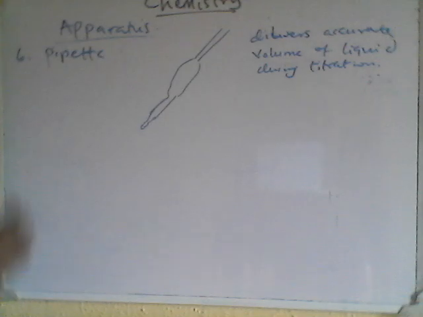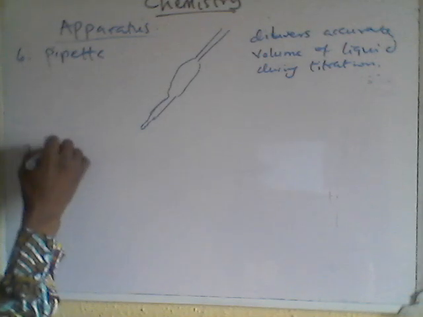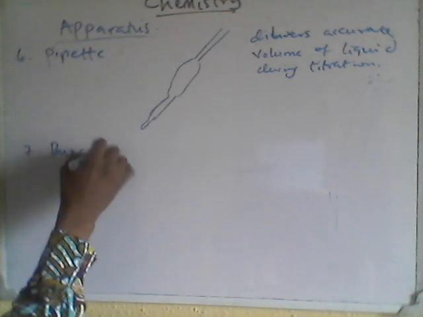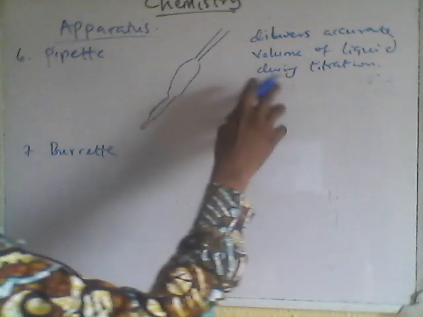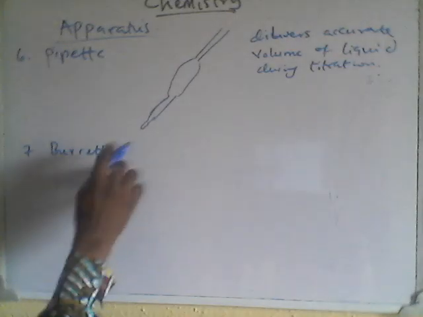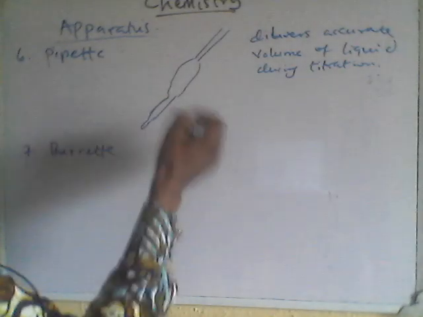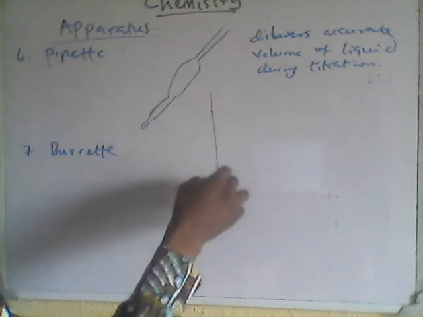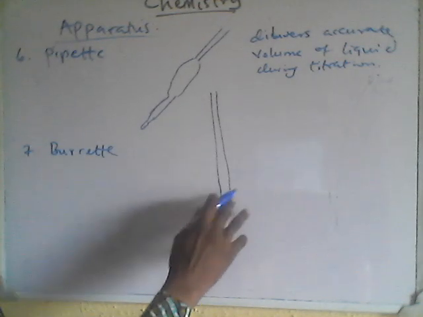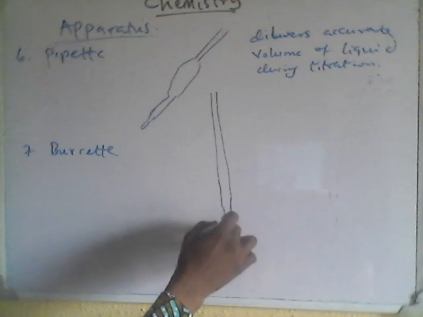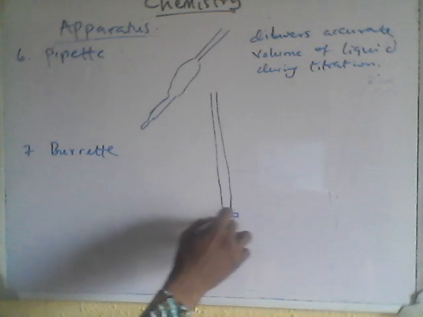So we have the burettes. The burette is also used to deliver variable volume accurately in titration. This one gives you accurate volume. This one gives you variable volume. So the burette is actually longer. It's normally held over the clamp, retort stand and clamp, and it has a stopper here.